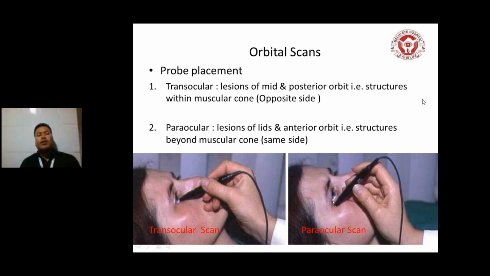But in paraocular scan, the probe is placed at the same side as the area of interest. Suppose somebody has a mass or lid abscess in the upper lid, then we have to place the probe at the upper lid only, not in the lower lid. So this is the basic difference between the transocular and paraocular scan.